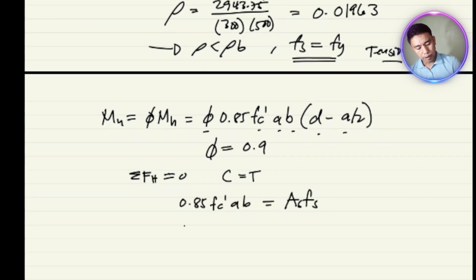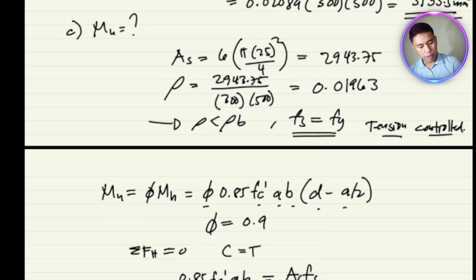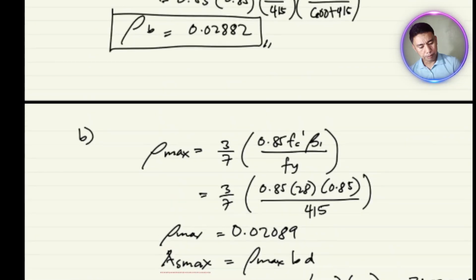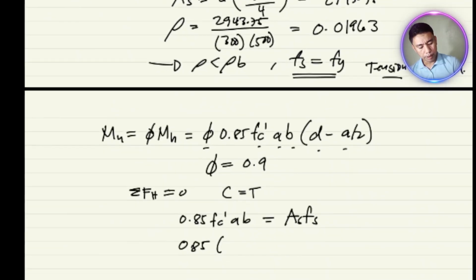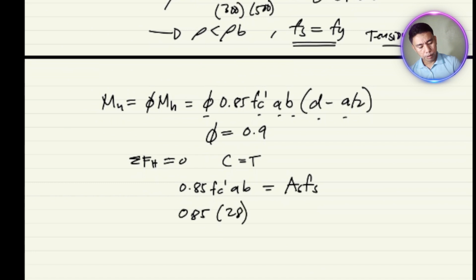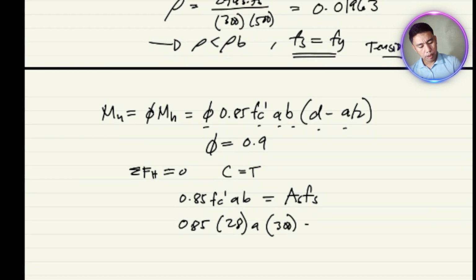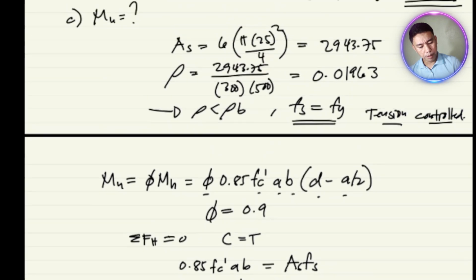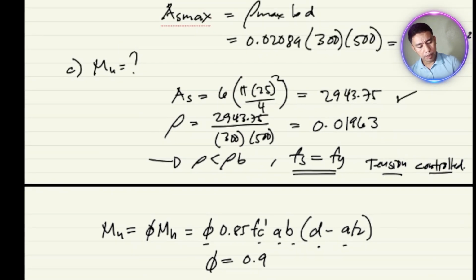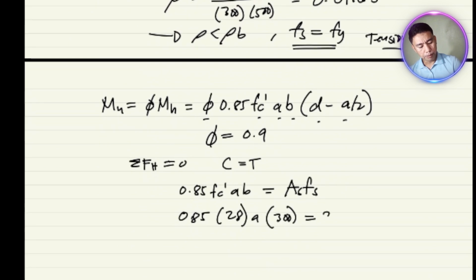Okay, so we can put the value 0.85 of fc prime, I forgot fc prime, 28, 28, and then unknown yung a. So let's solve for a. And then yung b is 300, equal to As. We have As 2943.75 times Fs.